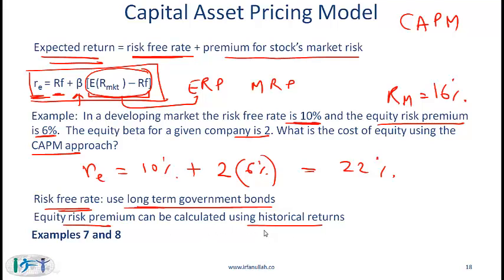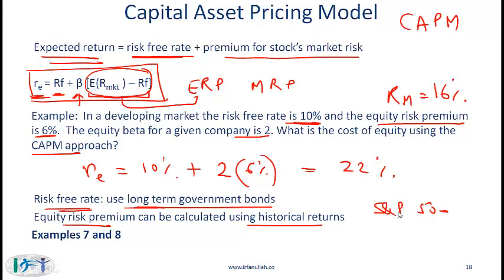At level 2, you will learn several methods of coming up with equity risk premium, but the simplistic method that is referred to in this reading is the method based on historical returns. What you need to do is look at the returns of the overall market represented by a major index in that market. So in the US context, that would be, say, the returns on the S&P 500.